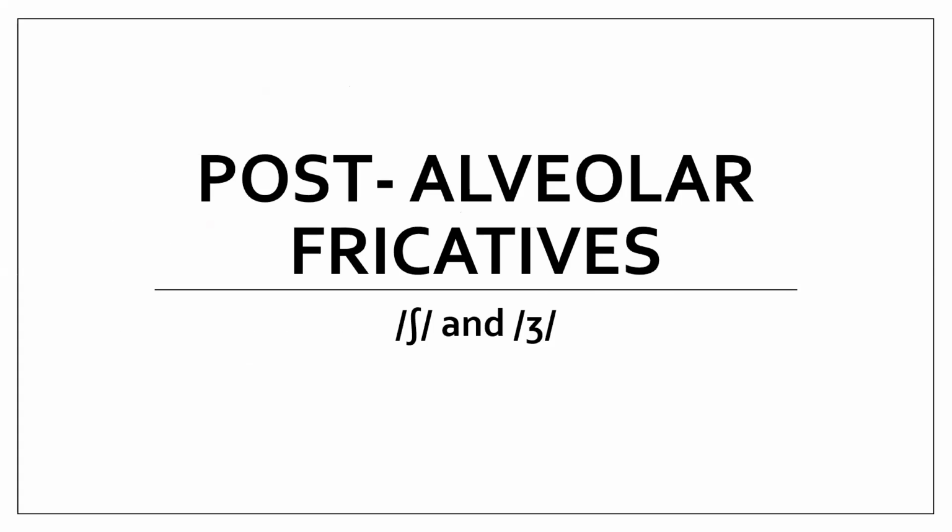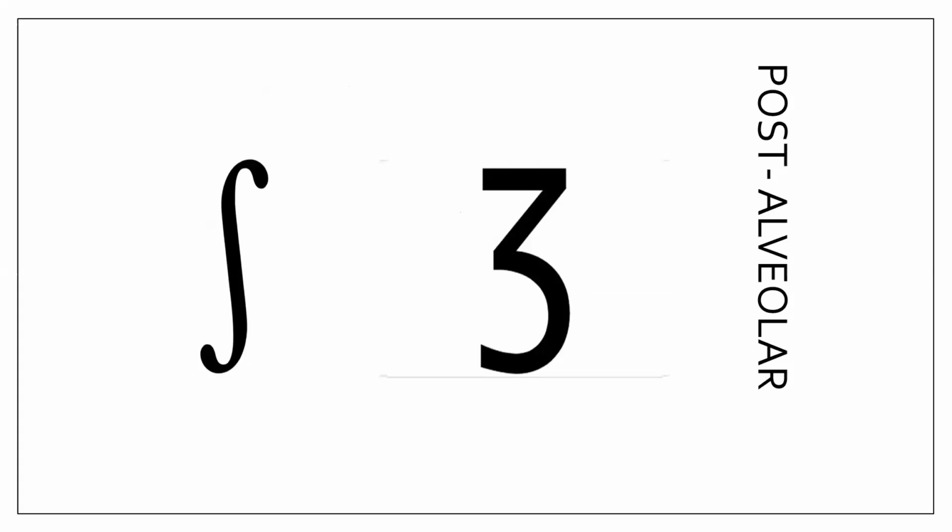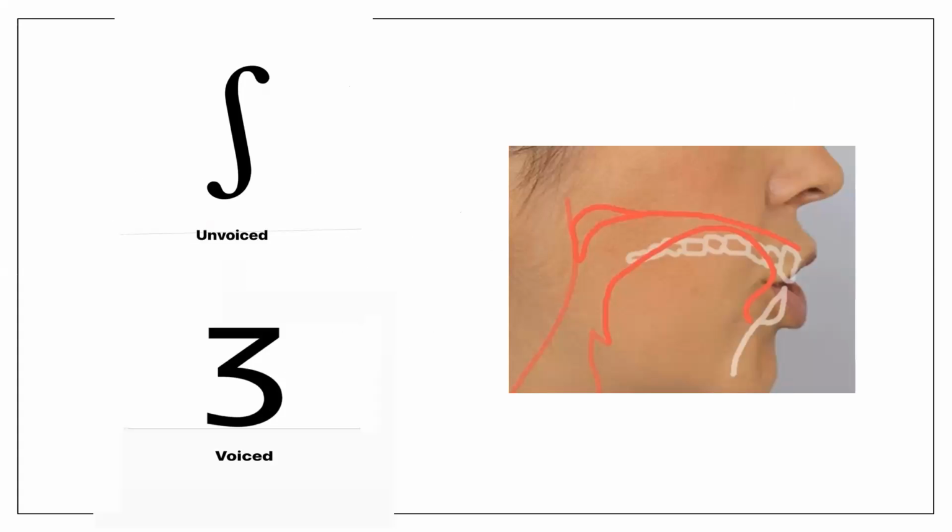Okay, so now we've moved to the two post-alveolar fricatives. These two sounds take the same mouth position, and they are sh and the voiced sh. Sh is unvoiced, meaning only air passes through the mouth, and the voiced one means you make sound with the vocal cords.